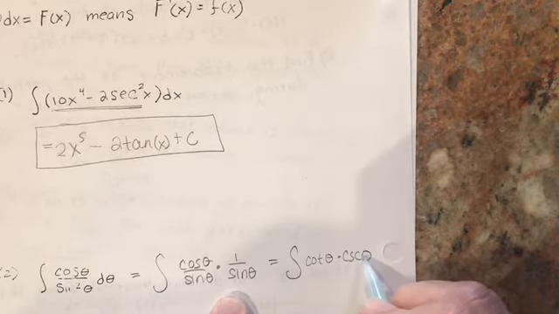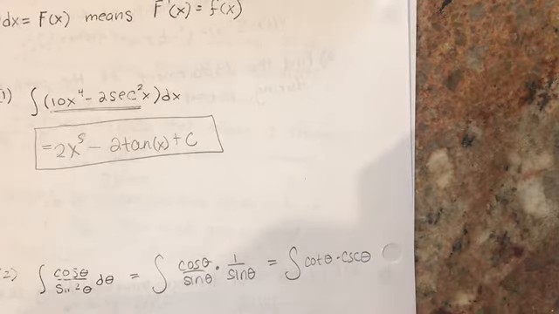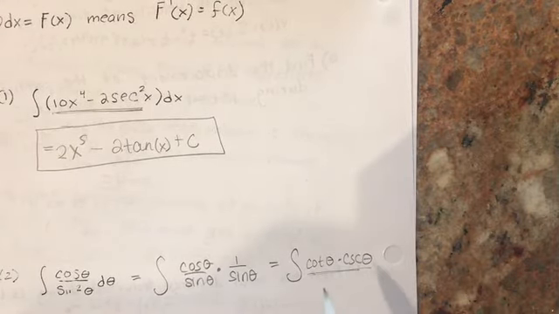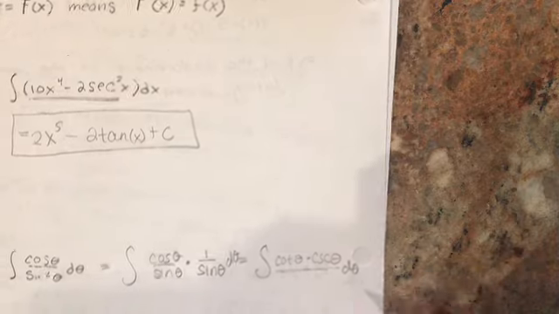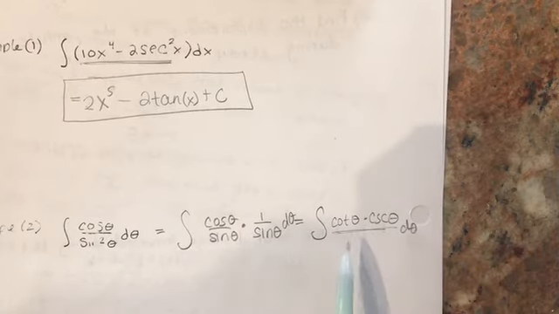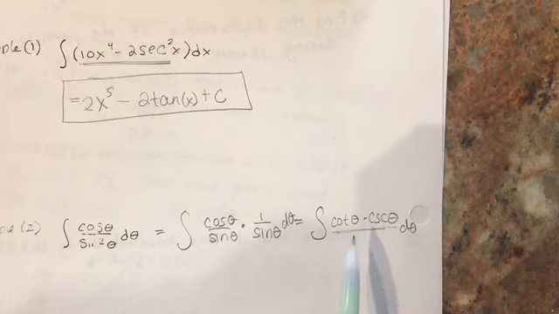cosecant. And now if you look on page 398, it's on the right column, the third one from the bottom. Oh, I should have a d theta at the end of all these. Apologize. This is one of them in the chart. It's not like you just magically know this.